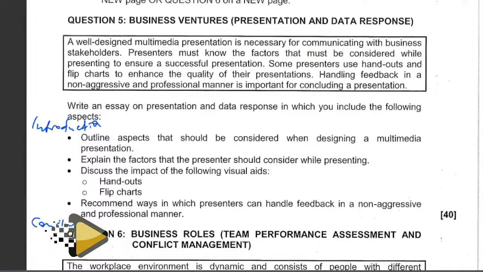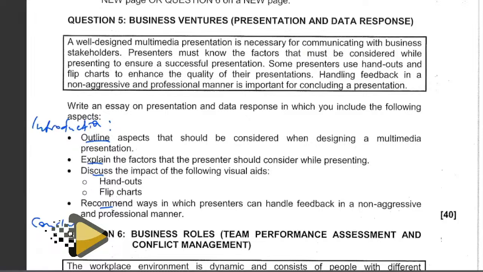So on the body part, you should have four subheadings, 1, 2, 3, and 4. In this regard, we are going to explain the meaning of presentation.